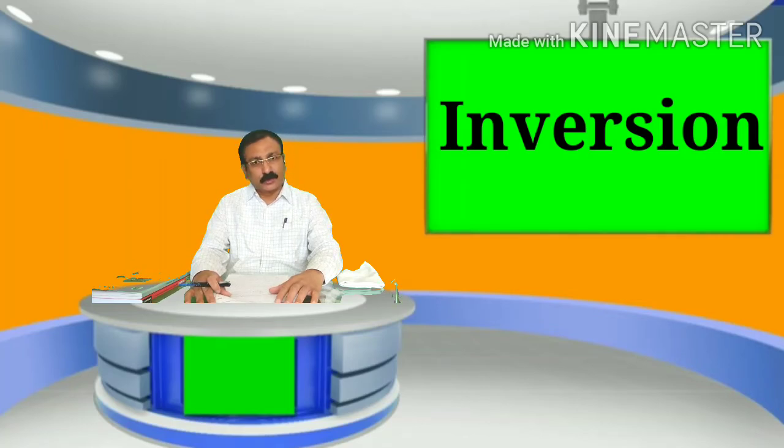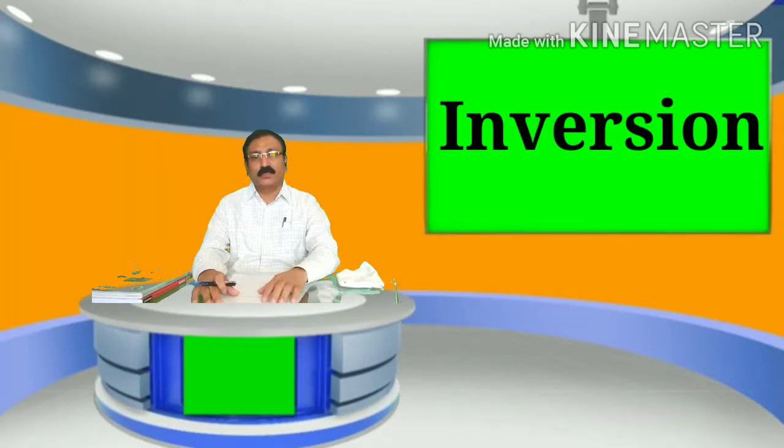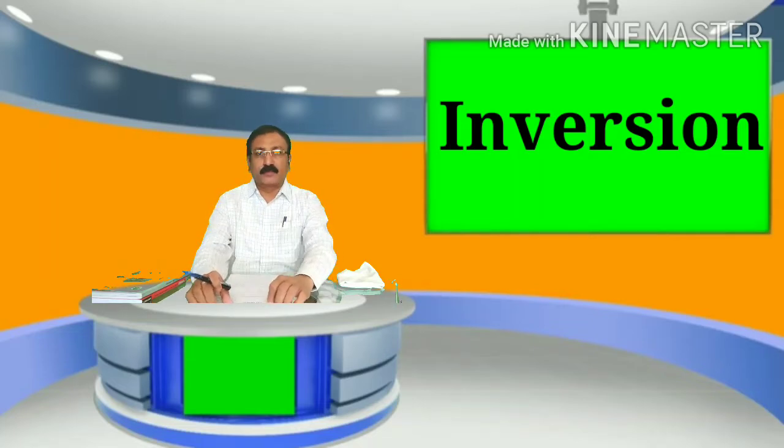The title of the figure of speech is inversion, which is related to the structure of the sentence in the English language. Inversion is an interesting figure of speech which is mostly used by poets in poetry.